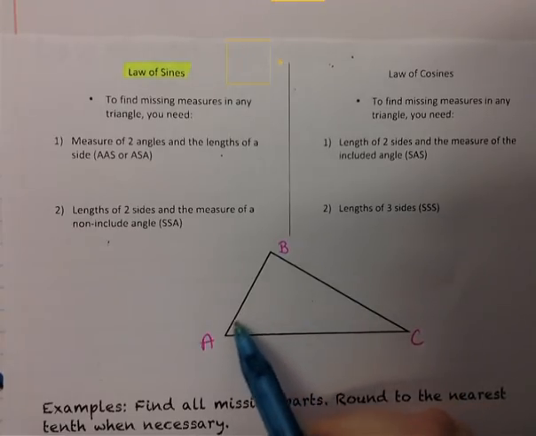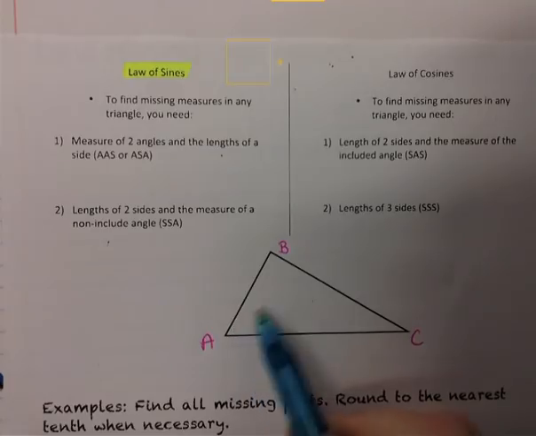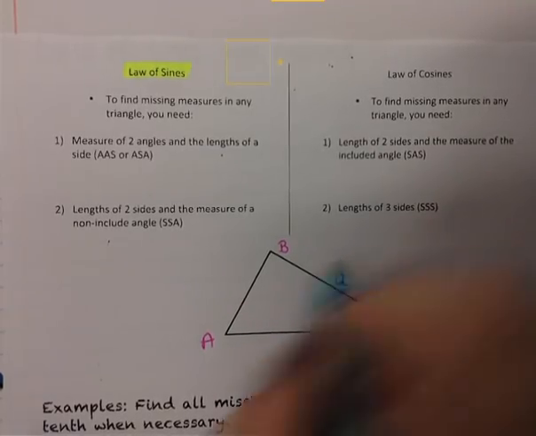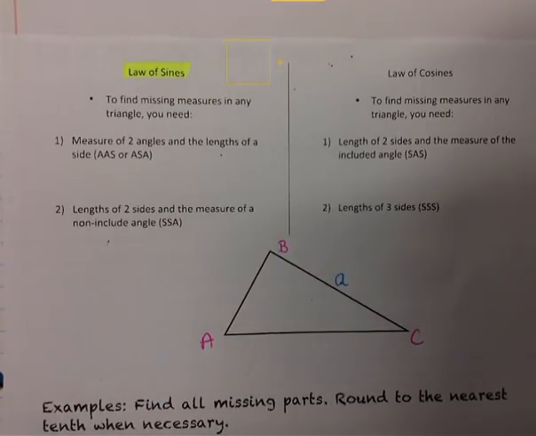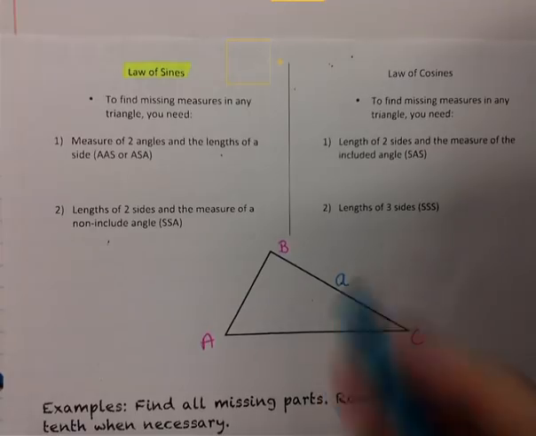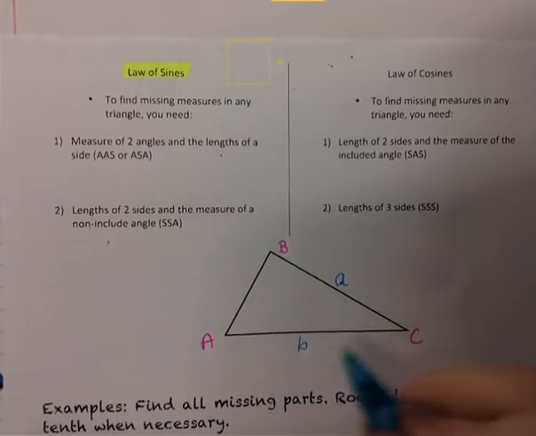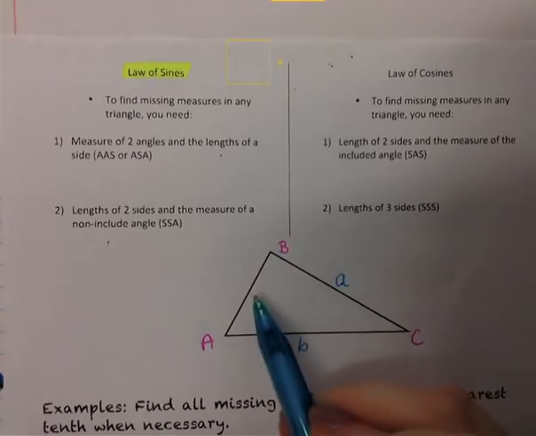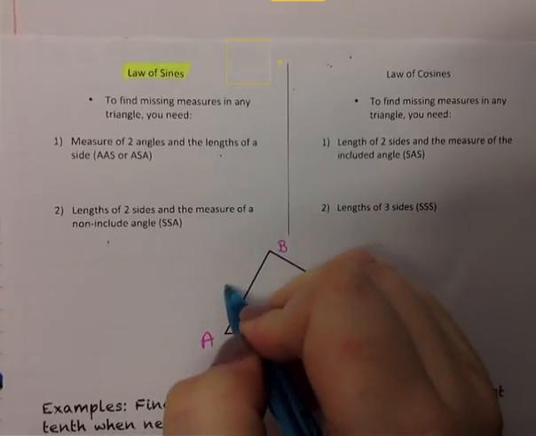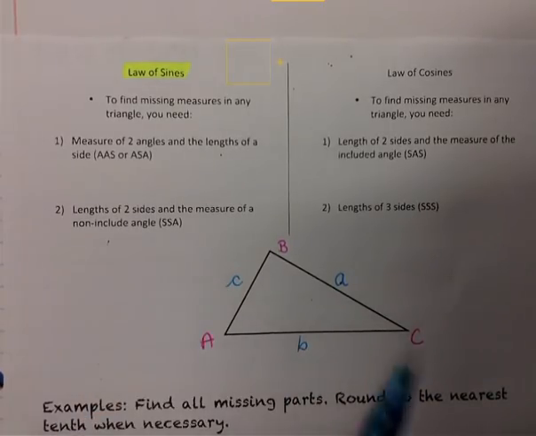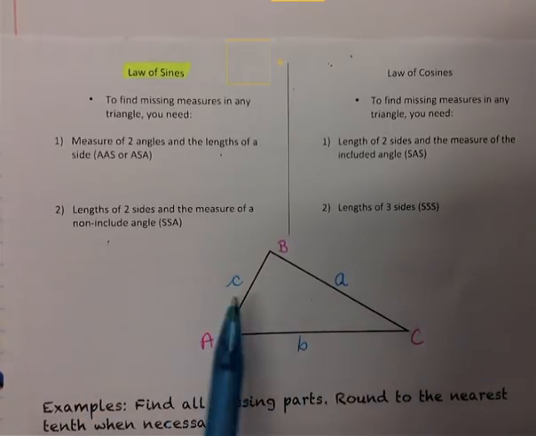So if this is angle A, the side opposite angle A would be little a. So I'm going to use little a to name this side. If this is big B, angle B, the side opposite of big B is little b. And then, therefore, the side opposite of big C will be little c. Now I'm going to use almost a cursive c to represent little c, just so that I can distinguish between big and little c.